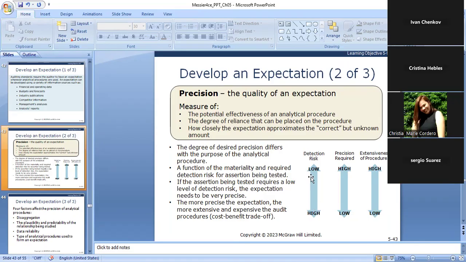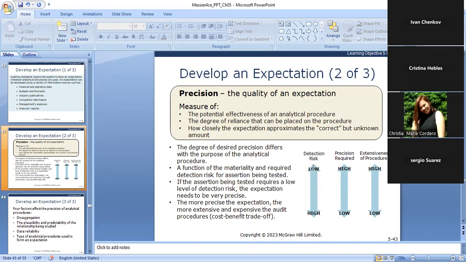So, if the detection risk is low, less evidence. If the precision is low, less evidence. If the effectiveness of the procedure we're chasing is low, less evidence. If you want it high, then we have to increase everything. I mean, if detection risk is high, then less procedure.